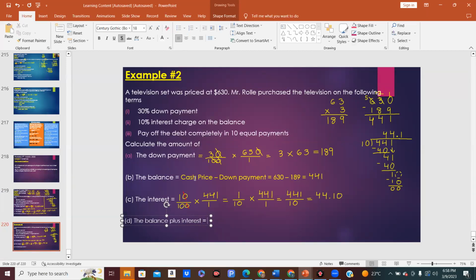What is the balance? 441. Very good. And what's the interest? $44.10. Very good.